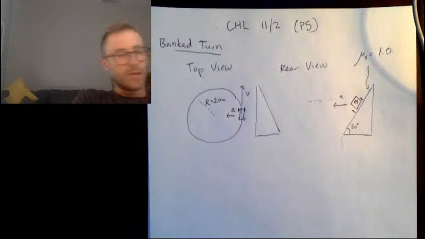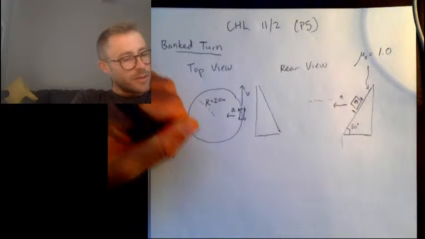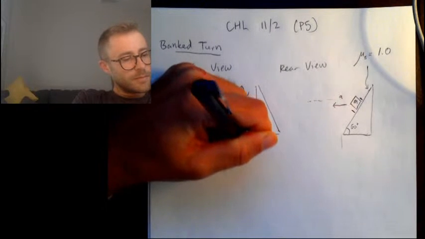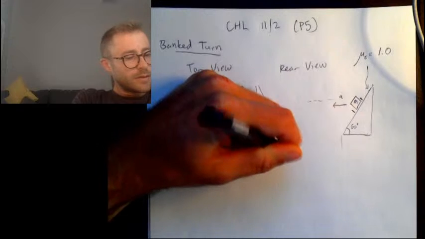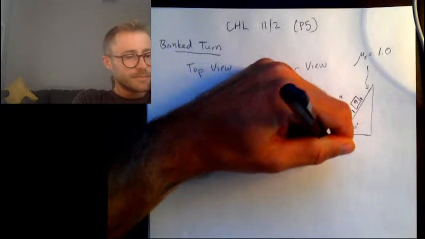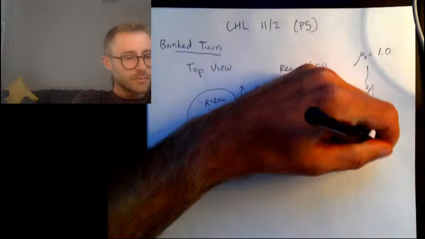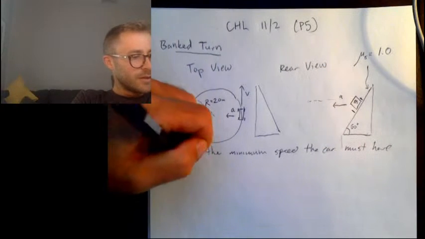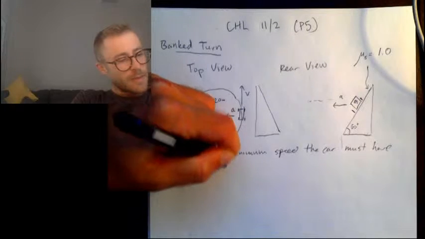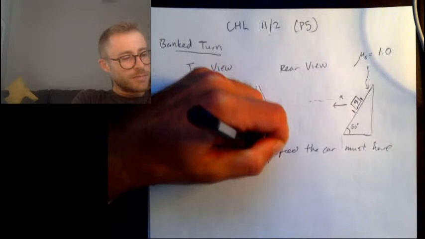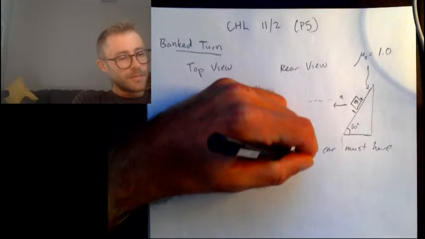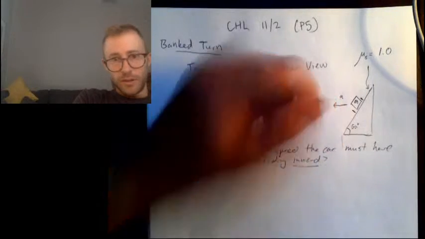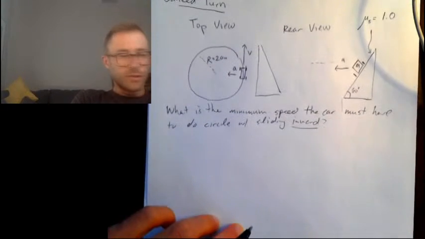My question is, what is the minimum speed the car must have to do the circle without sliding inward? And this is important. It's sliding inward. So let's do a free body diagram.